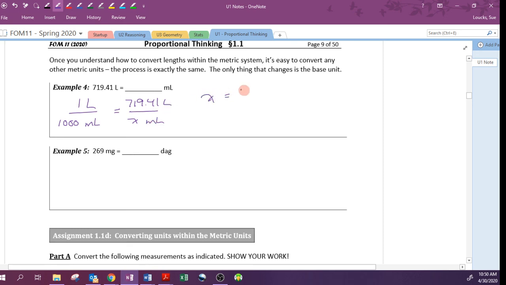So x equals 1,000 times 719.41 divided by 1. x equals 719,410 milliliters.